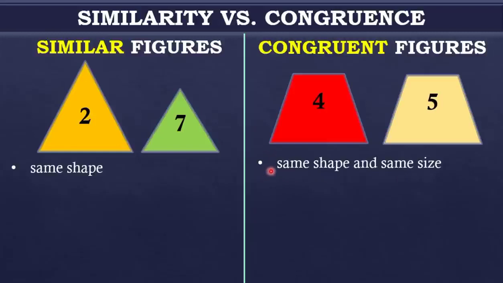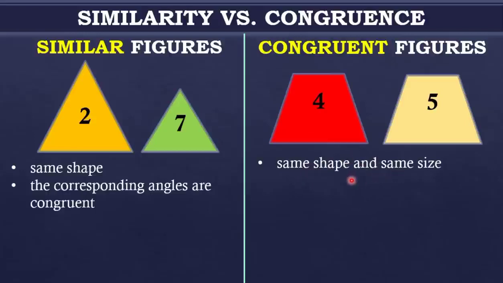So, hawak niya rin o meron sa kanya yung definition din ng similar figures. So, therefore, we can say that congruent figures are also similar figures. Alright? So, again, similar figures have the same shape, while congruent figures have the same shape and same size.